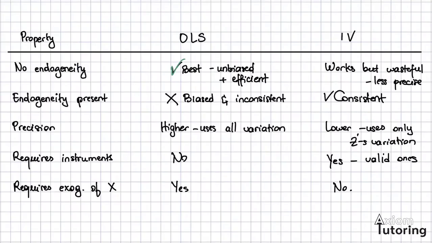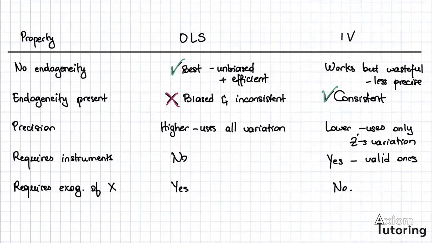When you have endogeneity, you would prefer IV because it's consistent, and you definitely don't want to use OLS because you're going to have both bias and inconsistency. Precision is higher for OLS because it uses all variation, but lower for IV because it only uses the Z variation.